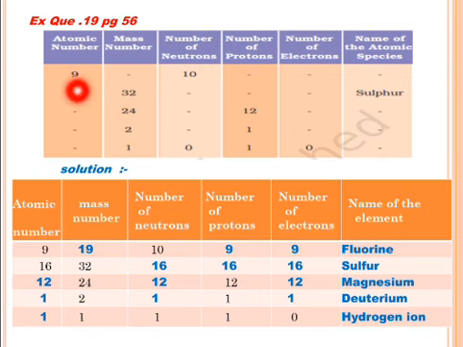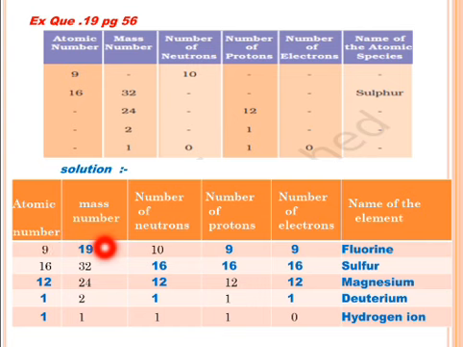From atomic number 9, we know the number of protons is also 9. If the number of protons is 9, the number of electrons is also 9. And the number of neutrons is given. By adding the number of protons and the number of neutrons, we can get the mass number. See the answer.